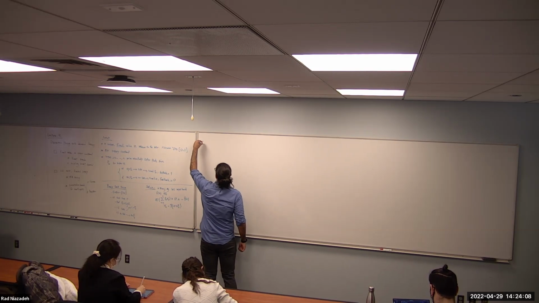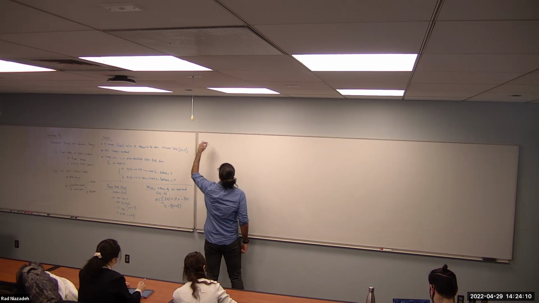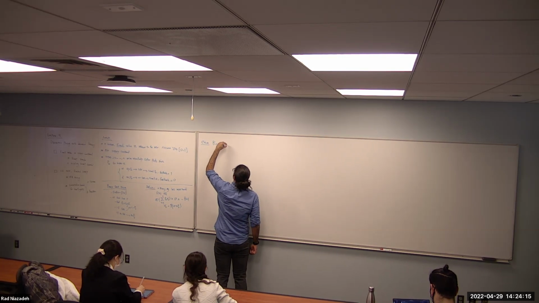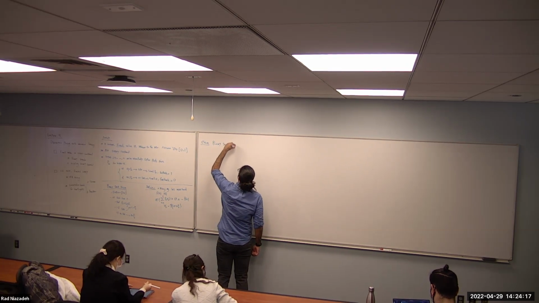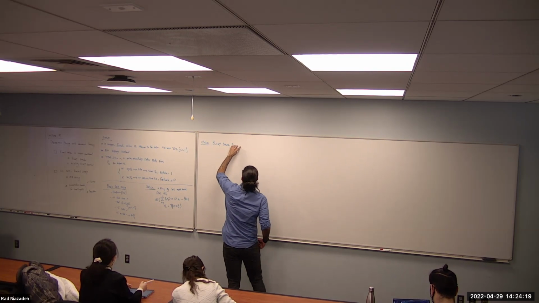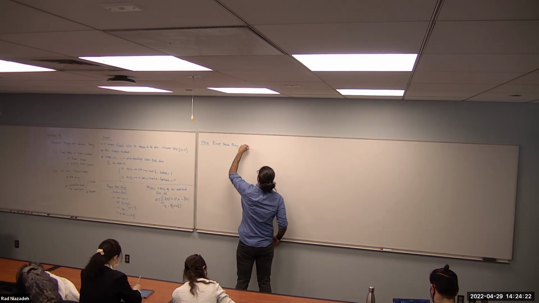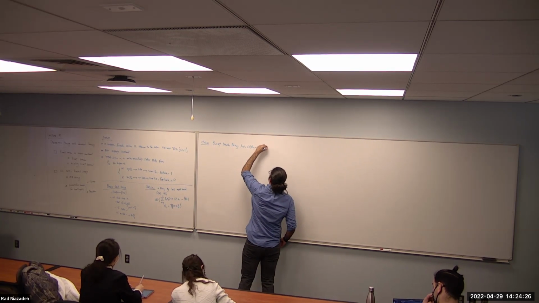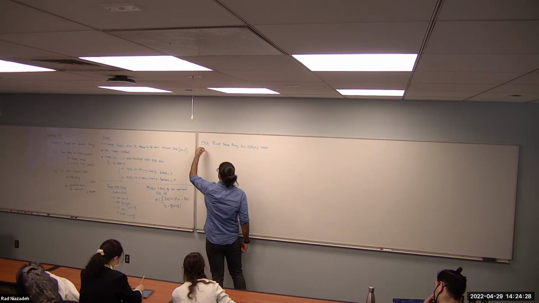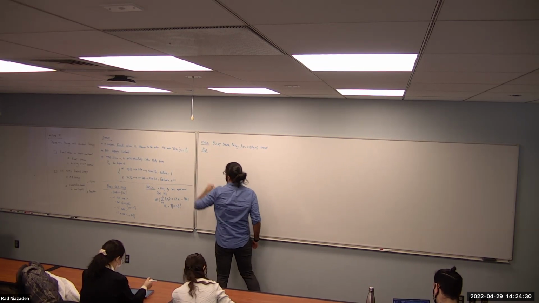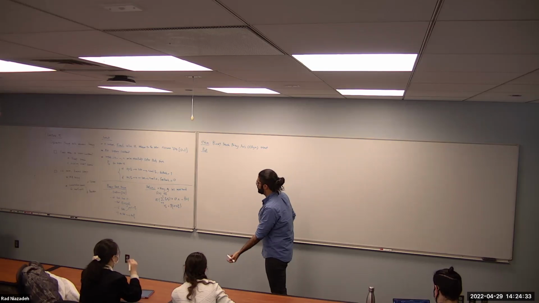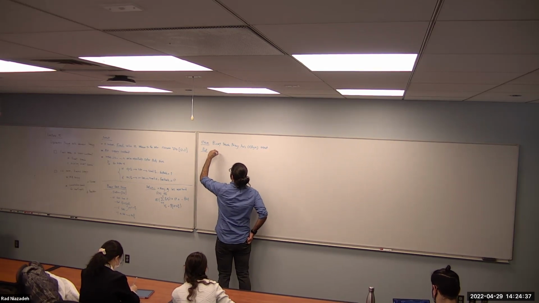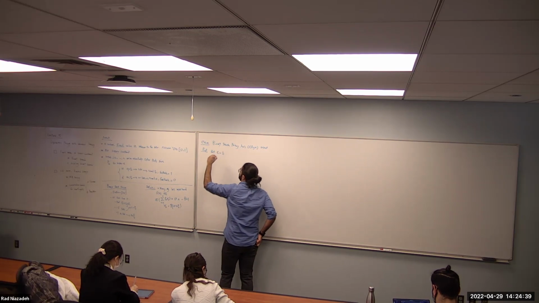Now, claim: binary search pricing has order log n regret. Let epsilon be 1 over n.